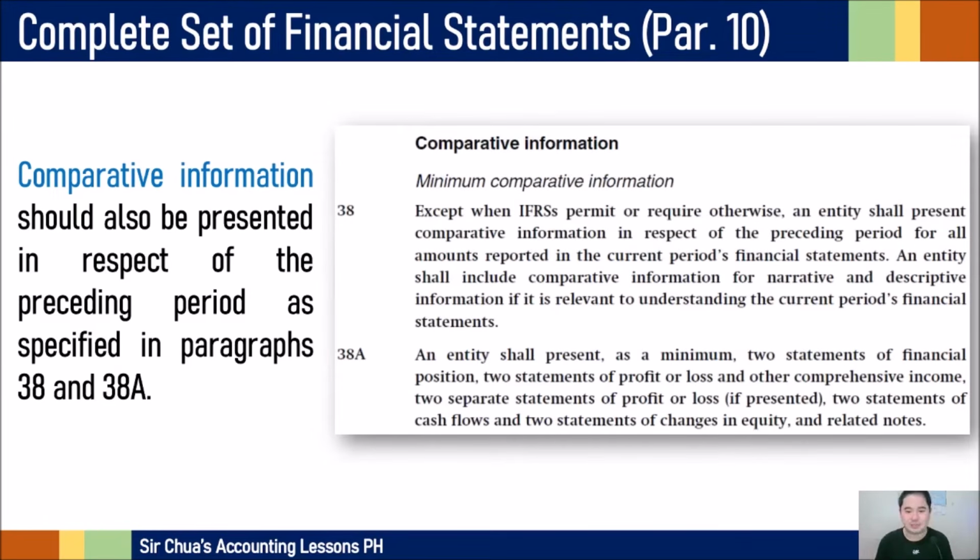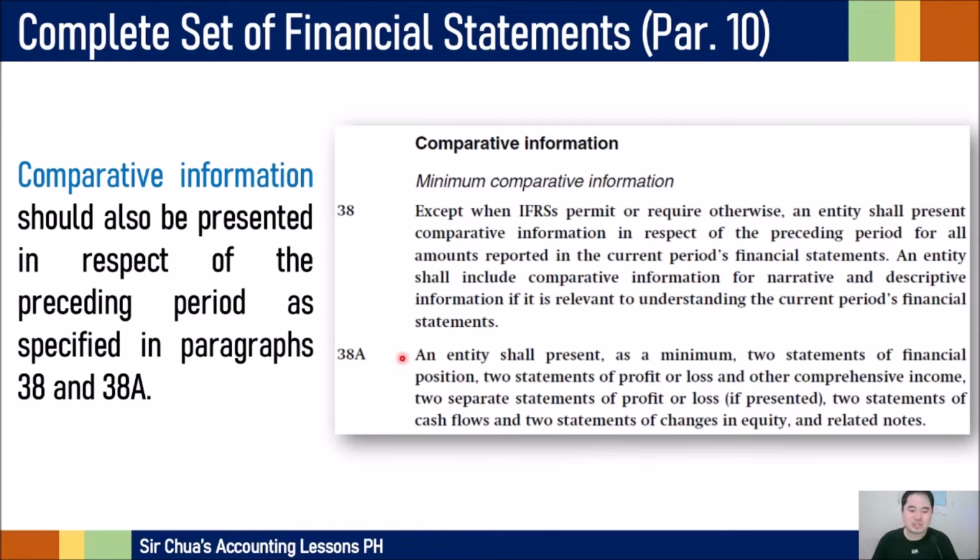Basahin ko sa inyo. Except when IFRSs permit or require otherwise, an entity shall present comparative information in respect with the preceding period for all of the amounts reported in the current period financial statements. Ibig sabihin po, pag nagpe-prepare tayo at nagpe-present ng financial statements, 2021 at 2020, 2019 at 2018, comparative information po ang nire-release natin.